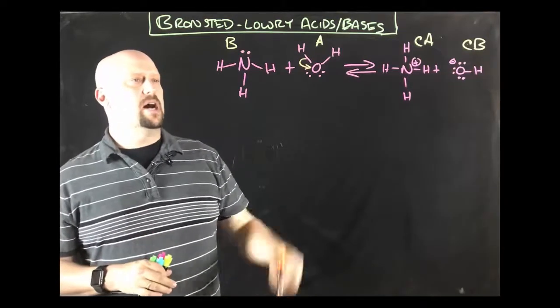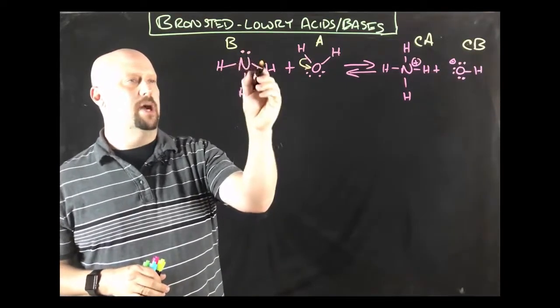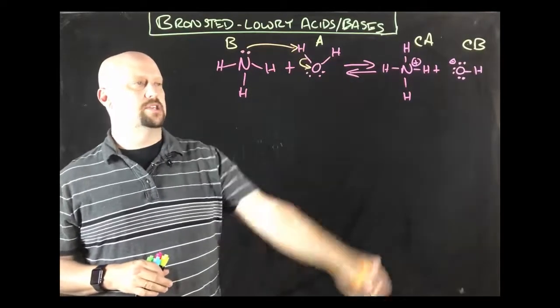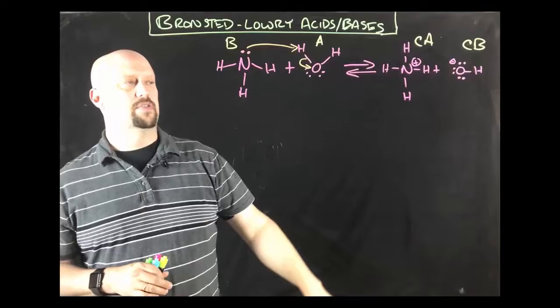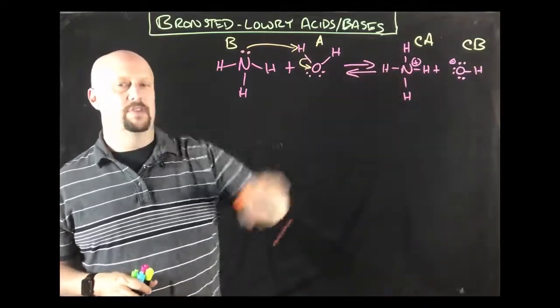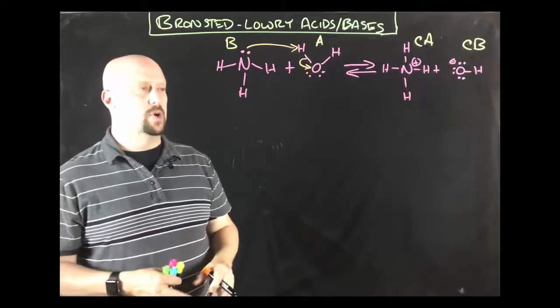And then at the same time, my lone pair here on my ammonia is going to bond to the hydrogen. Bonding that hydrogen there, of course, will take my nitrogen and give it a positive formal charge as well.